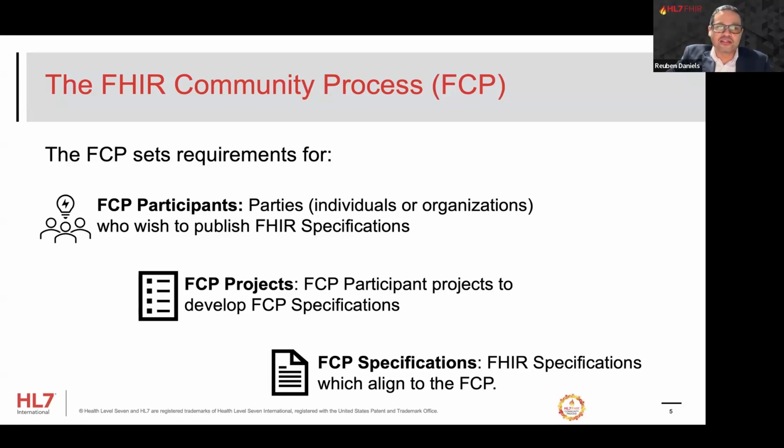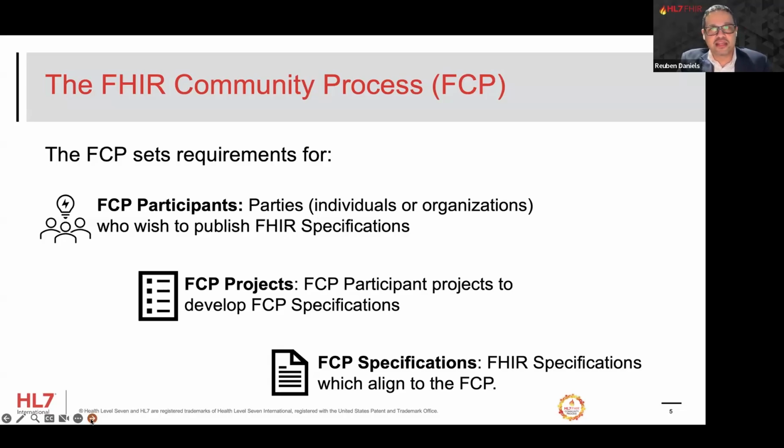So great examples of these might be open source communities. They might be accelerators like the Spark Accelerator. You'll find various individuals, organizations who initiate projects to develop FHIR specifications. And finally, there are sets of requirements for FCP specifications themselves, which align to the FCP.